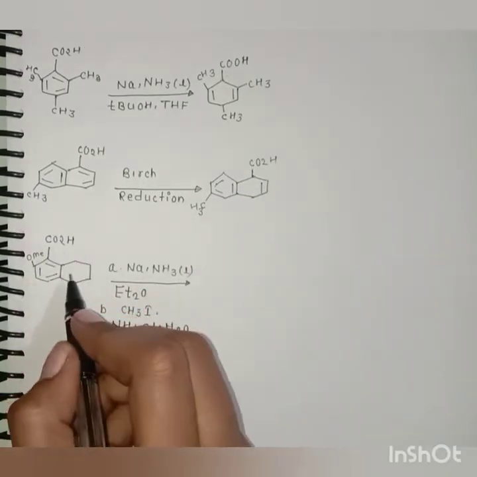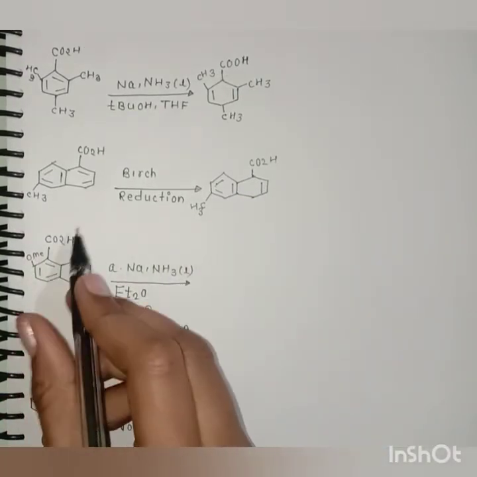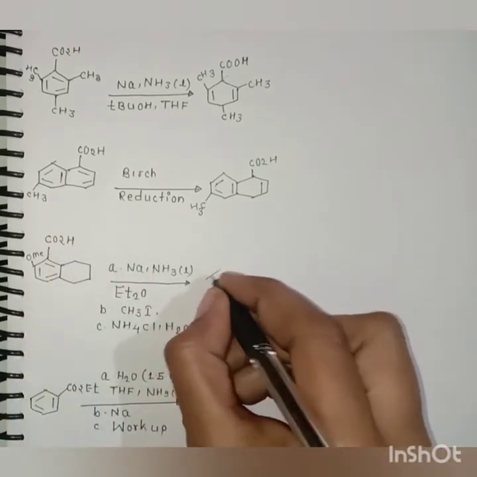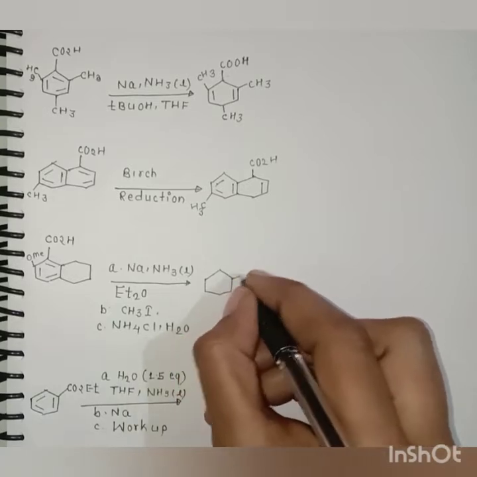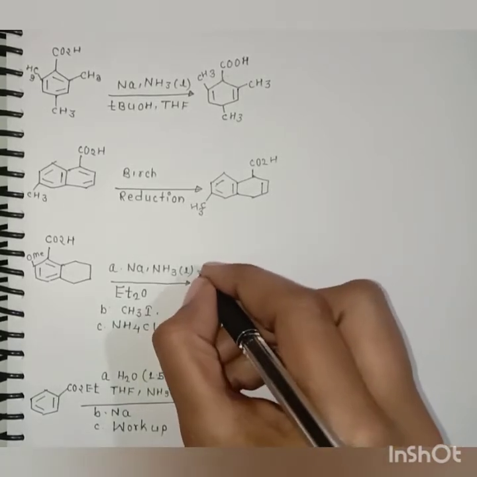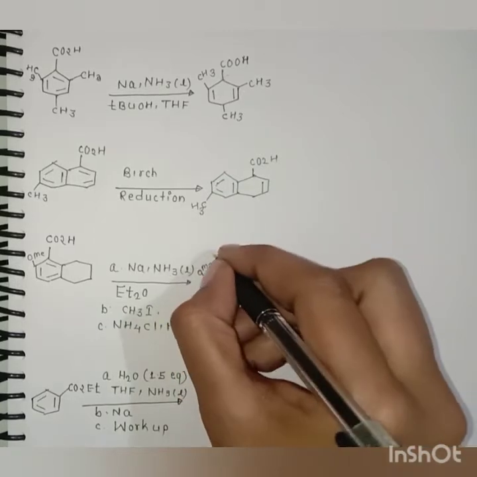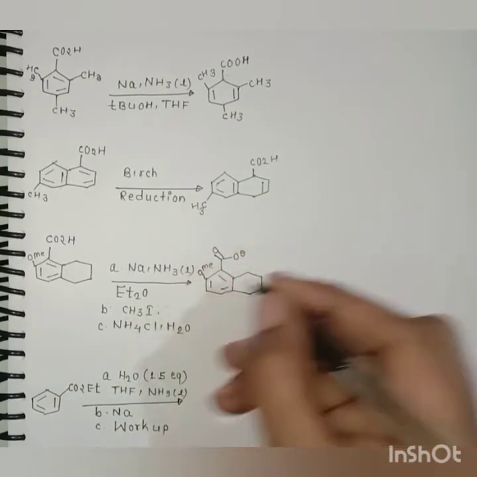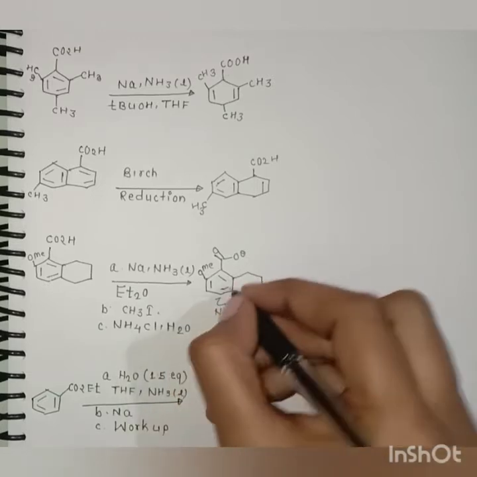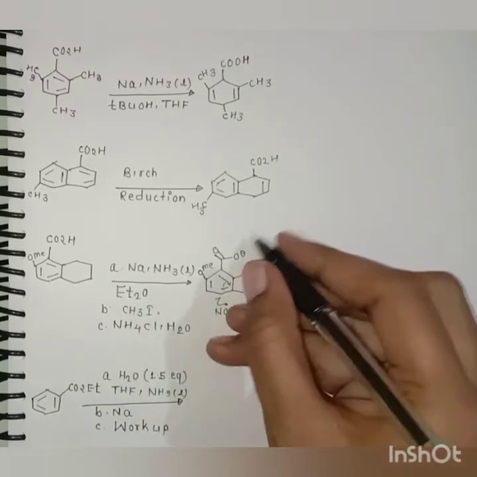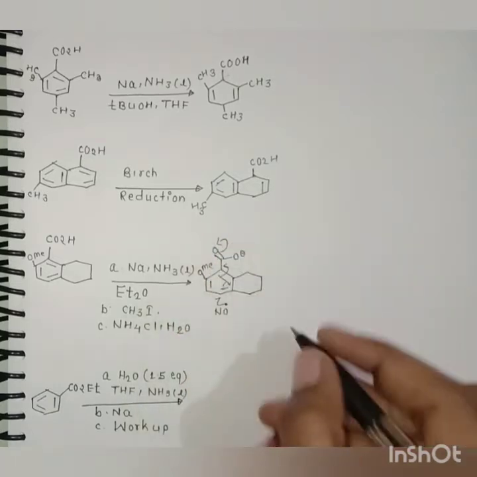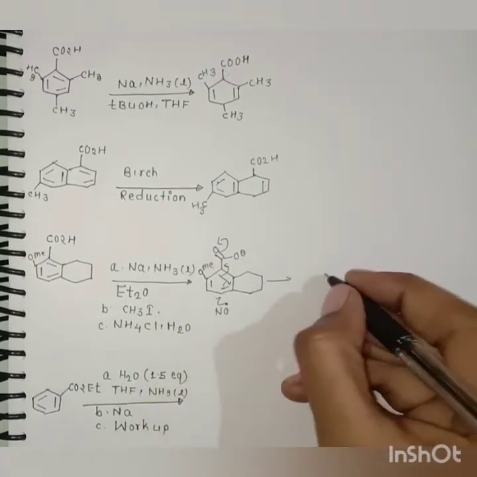Now in this example, firstly the NH2 minus removes this most acidic proton and we get this. And in the next step, this sodium donates an electron. Then this bond shifts here and again the oxygen becomes negatively charged.